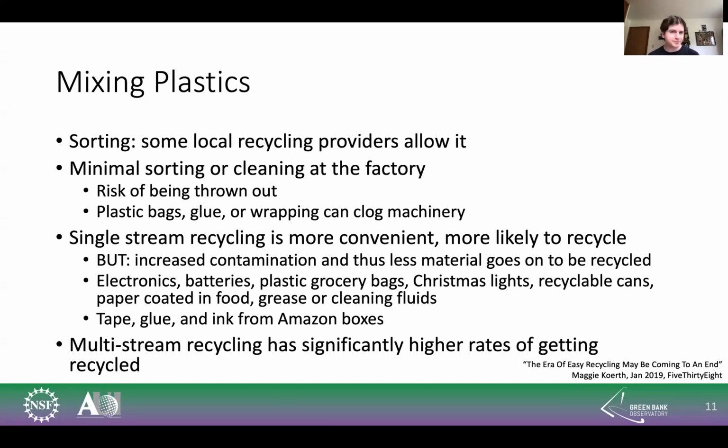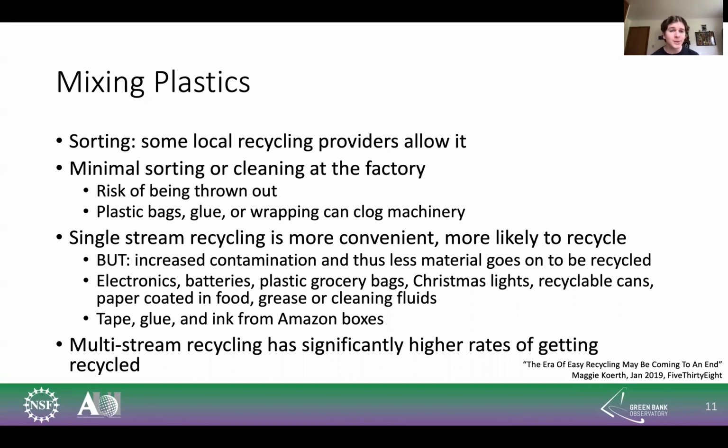Things like electronics and batteries, plastic grocery bags, packaging that is plastic on the outside, but maybe contains paper or metal on the inside, or is coated in food and grease and cleaning fluids, will contribute to this contamination.